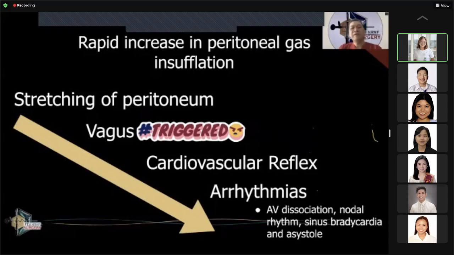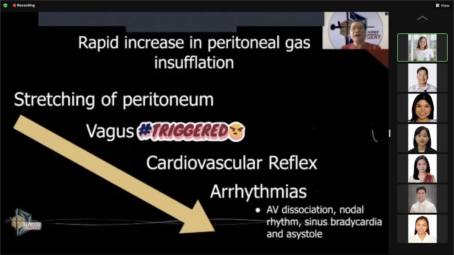So if you infuse 40 liters per minute, there is sudden stretching of the peritoneum, sudden distension of the abdominal cavity. It will give you a vagal reflex that causes bradycardia. So a reflex bradycardia that happens after insufflation causes arrhythmia, the sinus bradycardia.